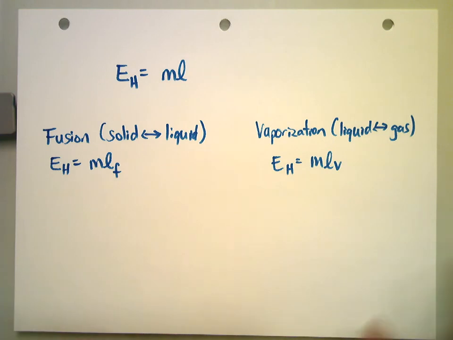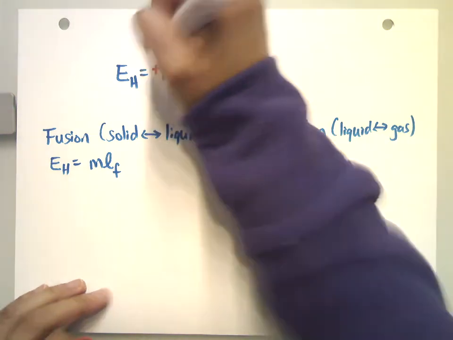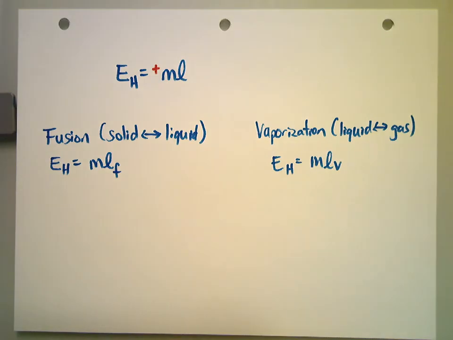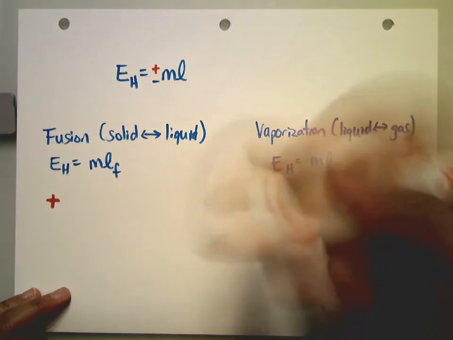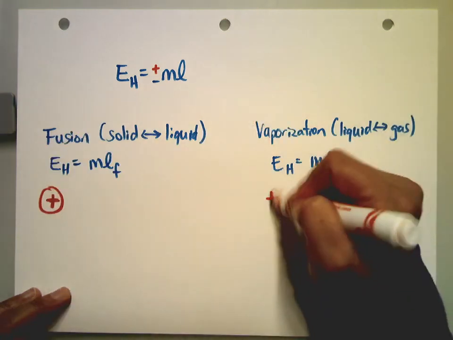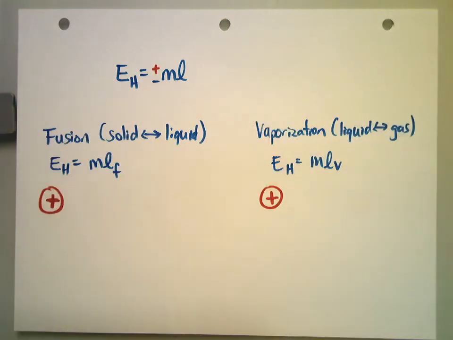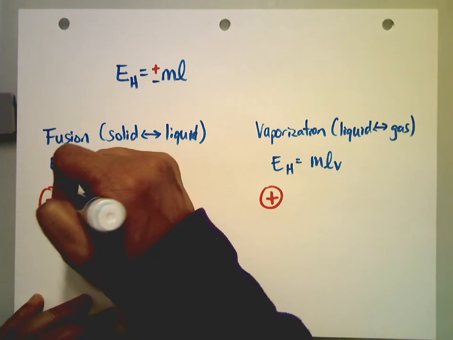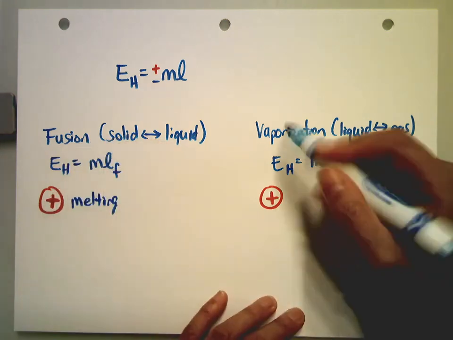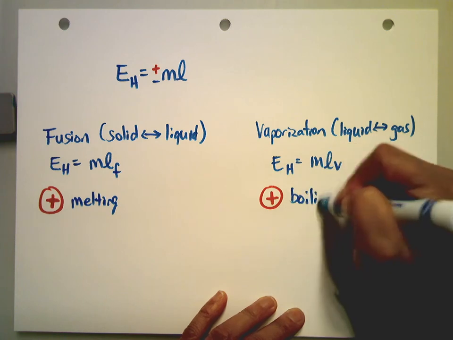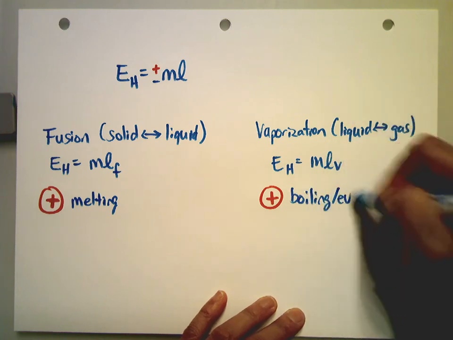There's a little bit more to this formula, and that means there's also a plus sign or a minus sign to this formula. Okay, the plus sign to this formula means that you're warming the object up. Okay, the plus sign in vaporization means you're boiling. So in this case, this means melting. Okay, and this here means boiling or evaporation.